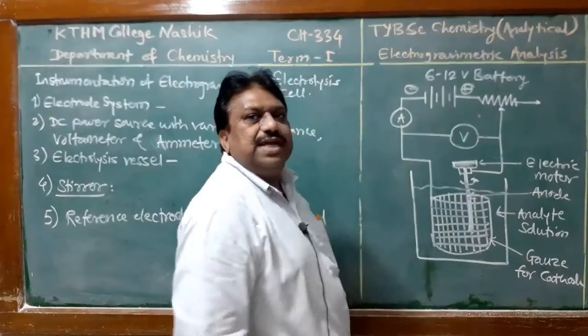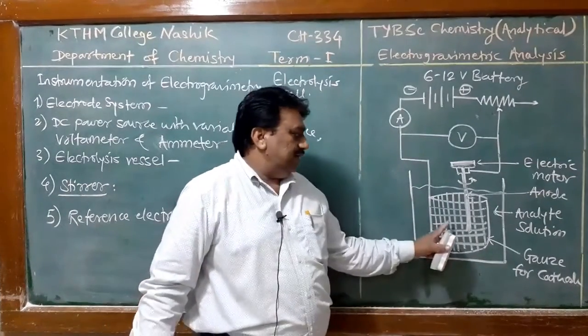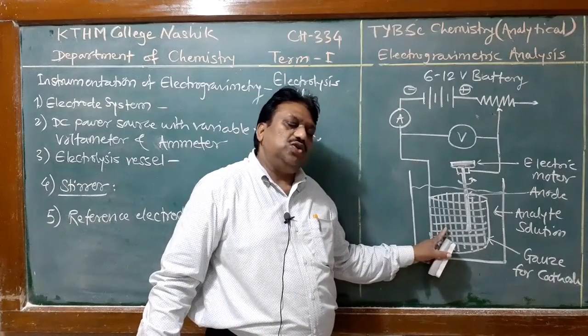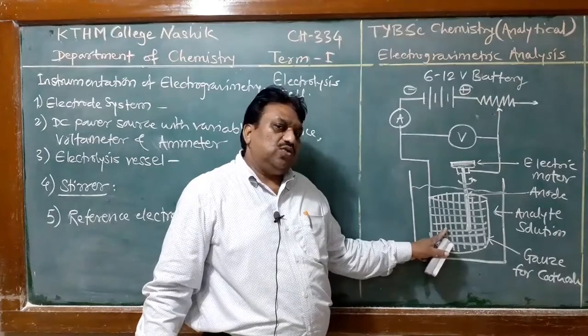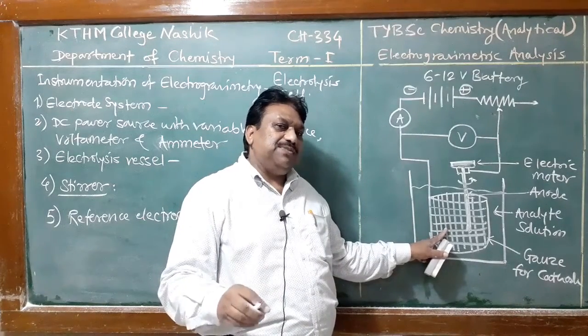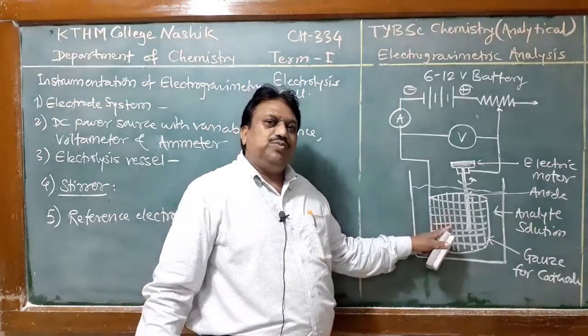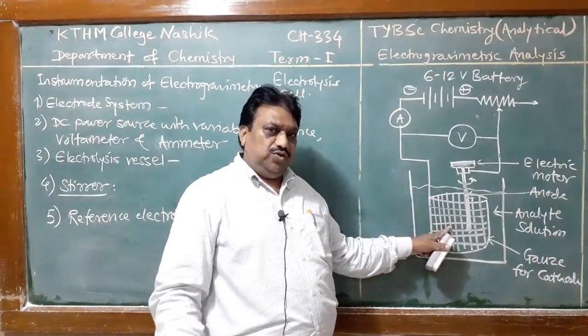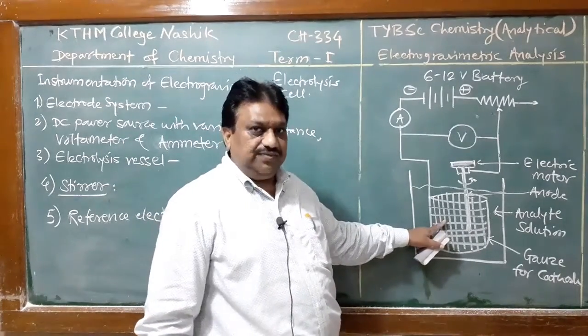Both cathode as well as anode are made up of platinum, because here deposition of analyte takes place onto the electrode. If analyte is deposited onto the electrode, sometimes the deposition may take place permanently. Therefore, the electrode which should be used in the electrolysis process should be an inert one.